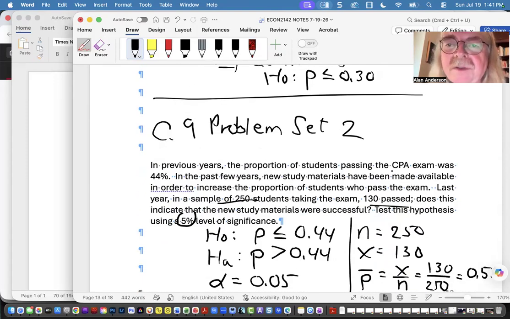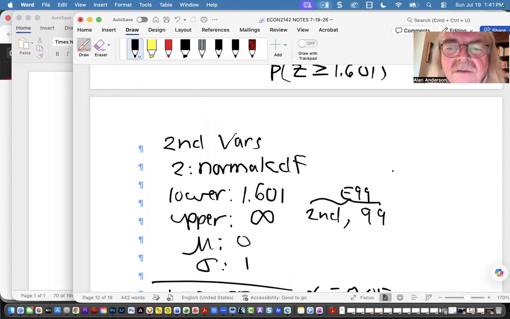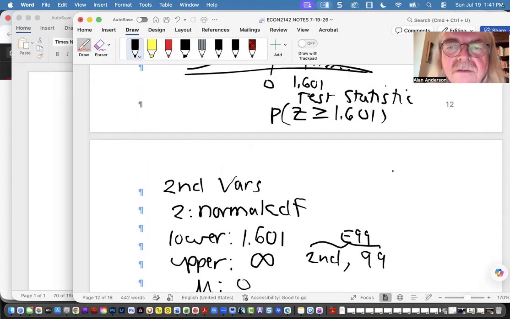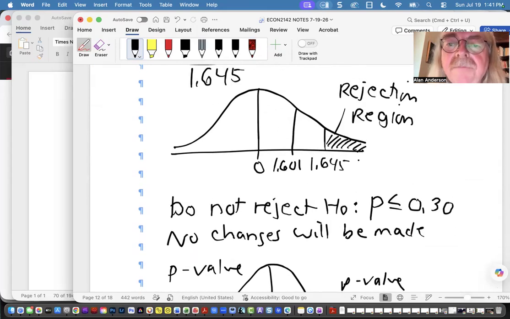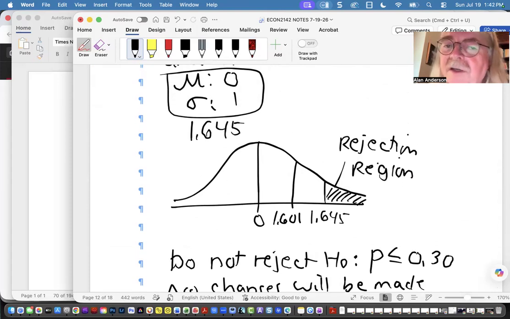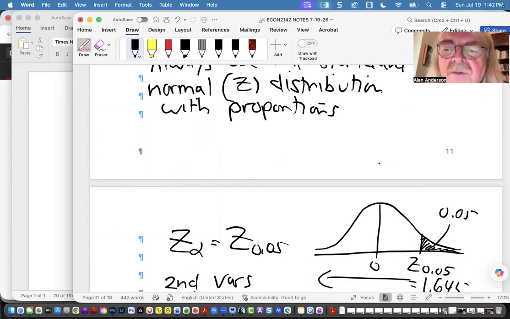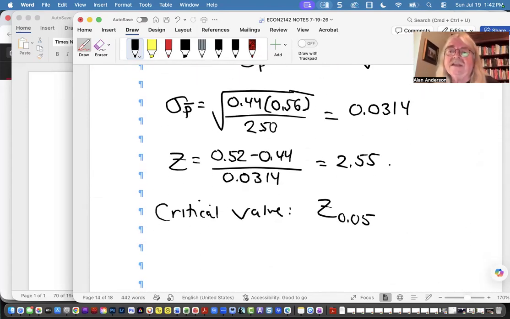Yes, alpha is 0.05. Now, we just looked that up, as you recall. There it is. We've already seen this in this example here. We don't necessarily have to go back to the calculator. It is actually 1.645. Or you can go back to the calculator if you forget.